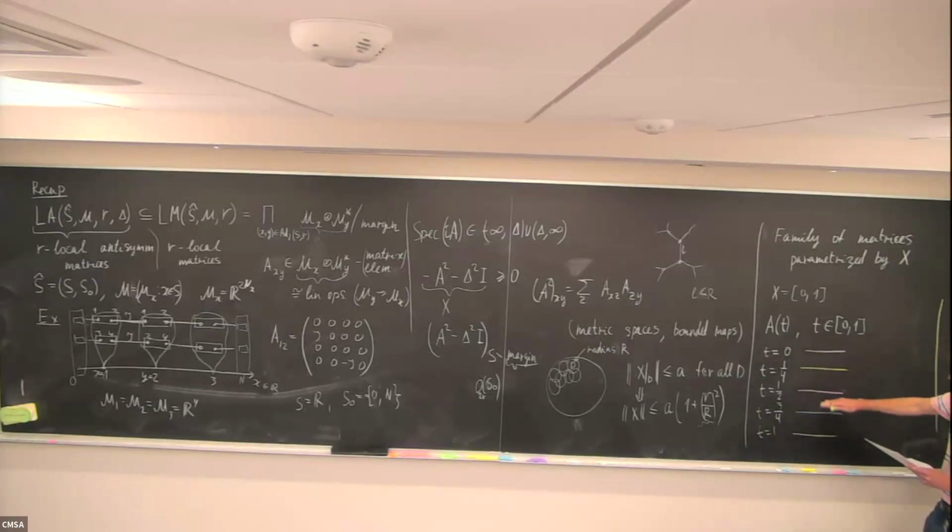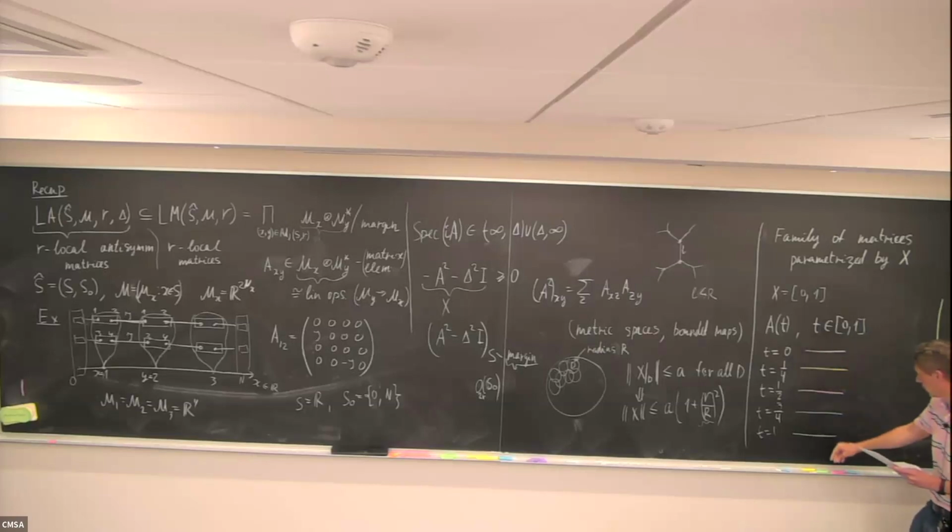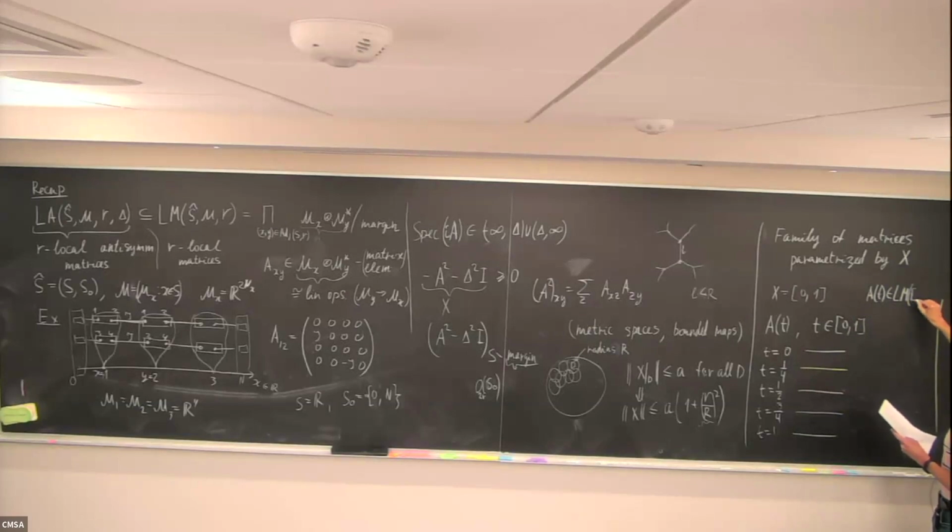Now, out of this sequence, we can construct one matrix on a real line. I assume that A of T belongs to local matrices of some interval, like 0, A. And now let's map that interval to the parameter space, which is from 0 to 1.